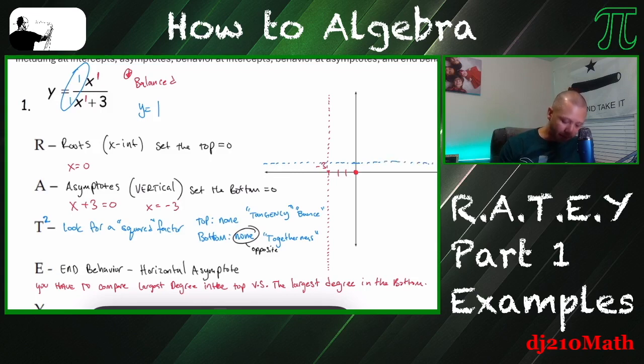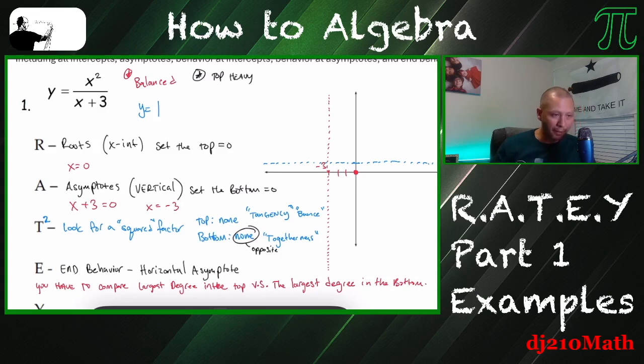So if the degree on top, say, is bigger than the degree on bottom, we consider this to be top heavy.